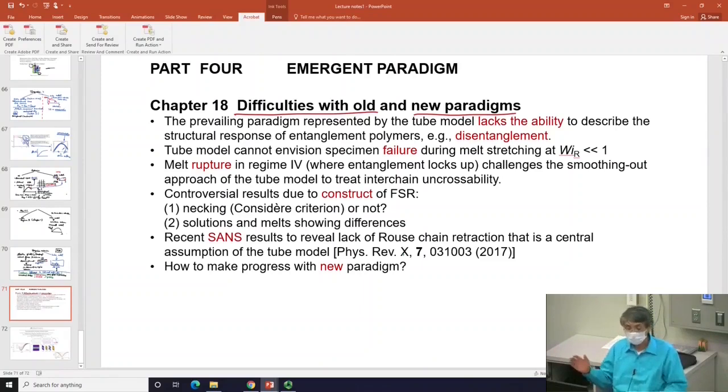And as a consequence, it retracts no matter what the degree of deformation is. Therefore, there is no linear response, because it will always show a different level of stress relaxation depending on the strength, which means there is no linear response.